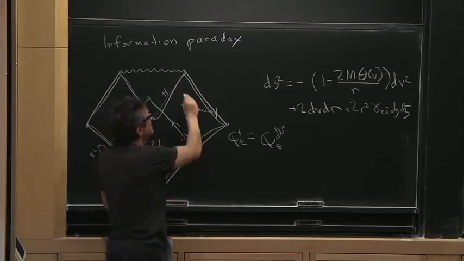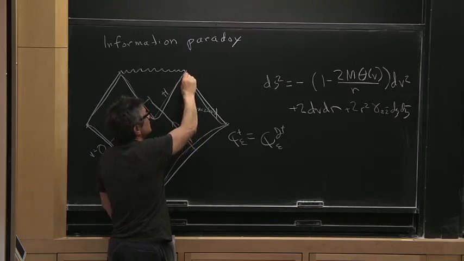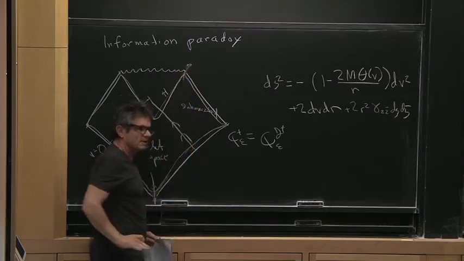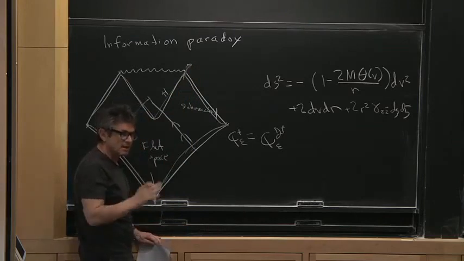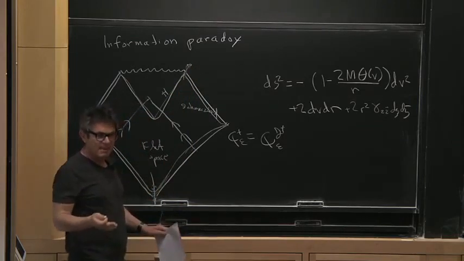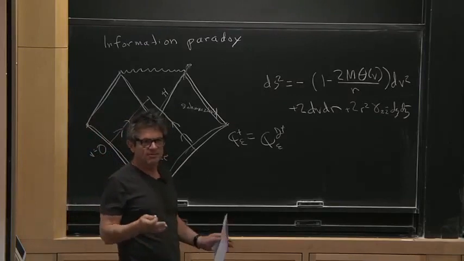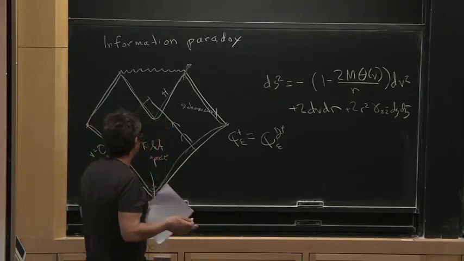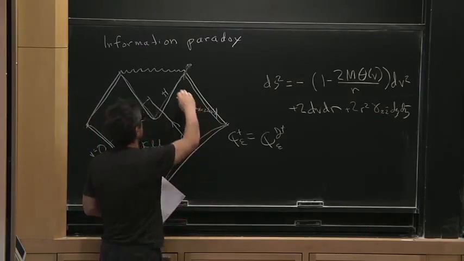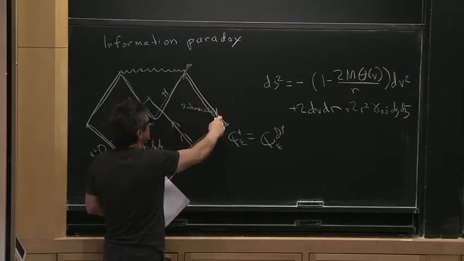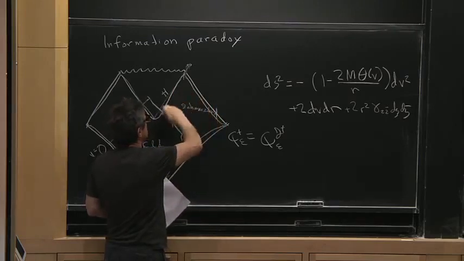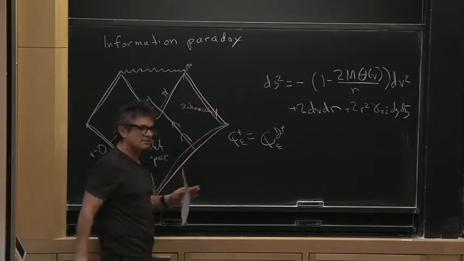If we don't have any massive particles, there's no contribution from stuff sneaking up there. In other words, the mathematical statement is that for massless fields in a black hole background, the future horizon and null infinity are a Cauchy surface. Okay?